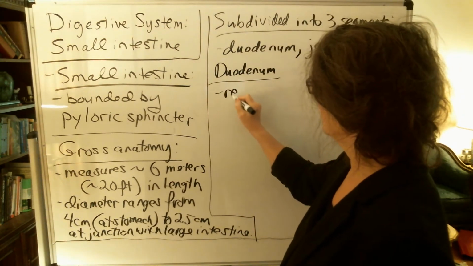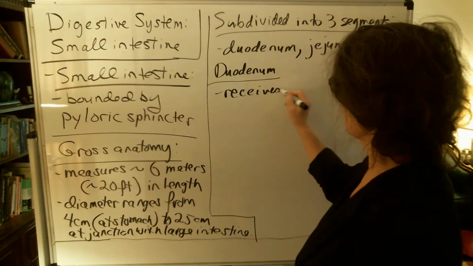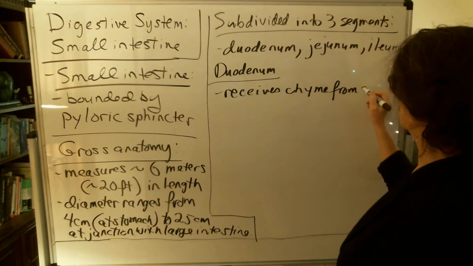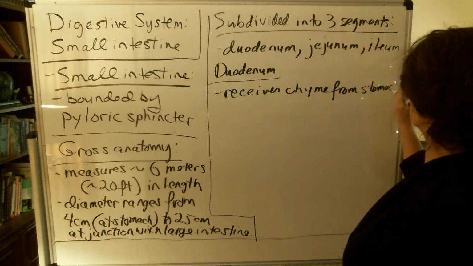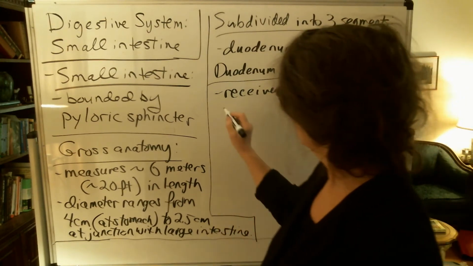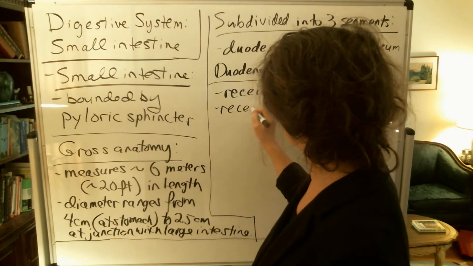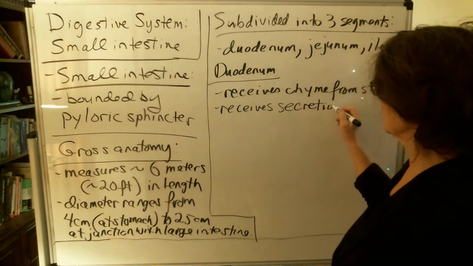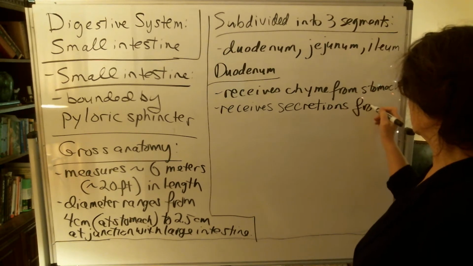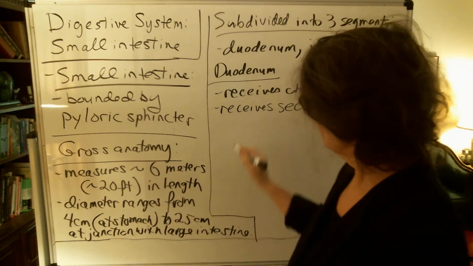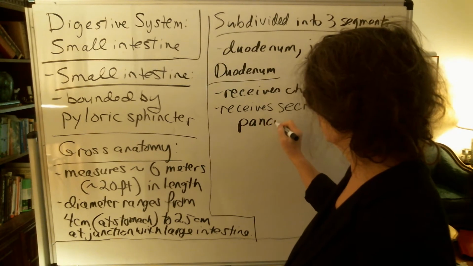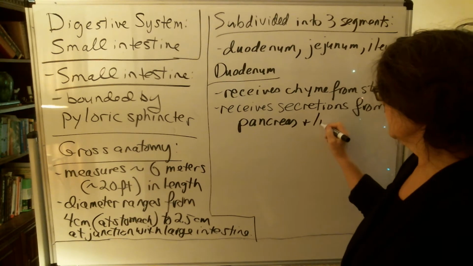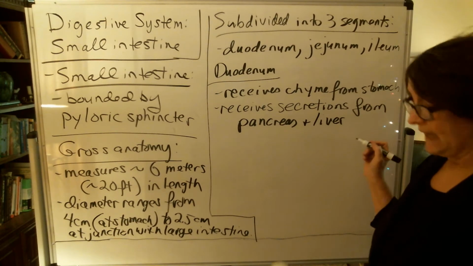So the duodenum receives chyme from the stomach. And it also receives secretions from the pancreas. That would be all those digestive enzymes, and also the liver, where it will be getting bile.